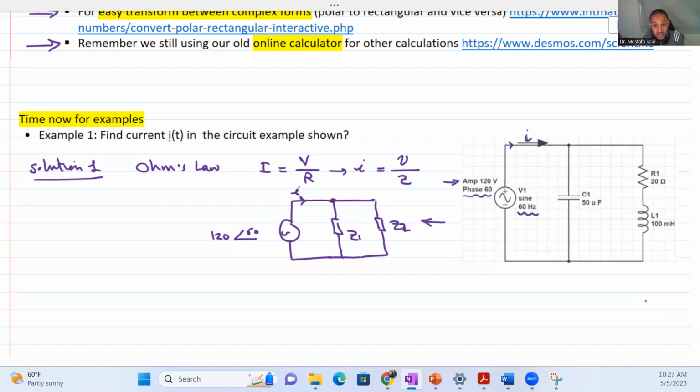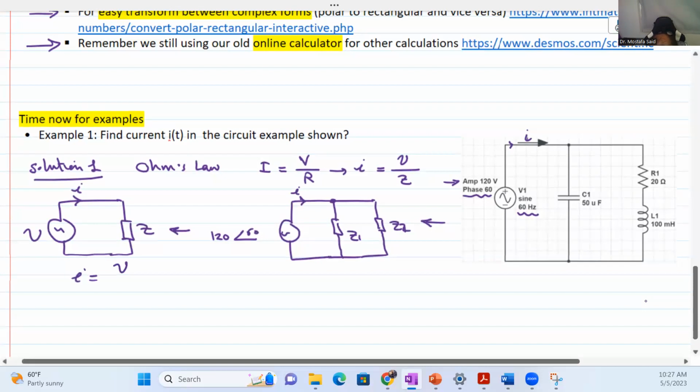Okay, you have here two impedances in parallel. So basically we can reduce that to this form here. This is I and this is V, and I will be equal to V over Z, just Ohm's law, right?